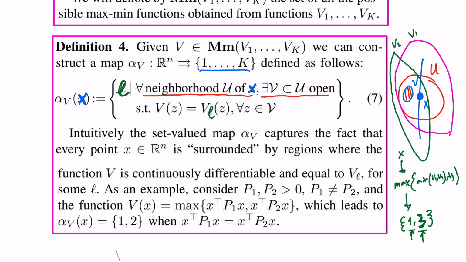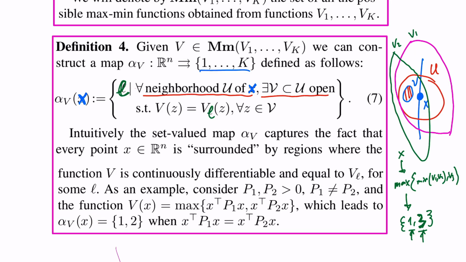Let's look at the simplest case, V of x. I think this is also another issue, when alpha V of x is not a singleton.